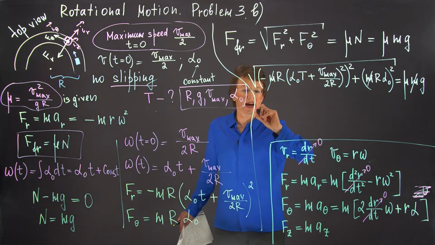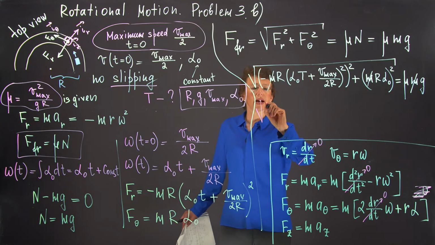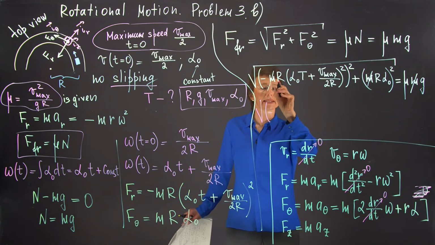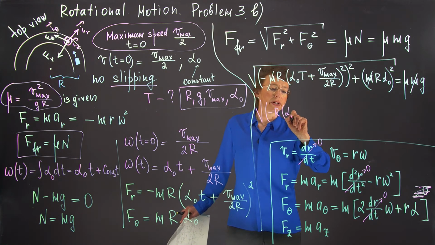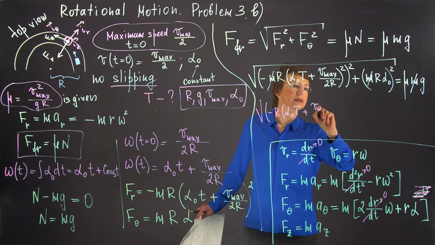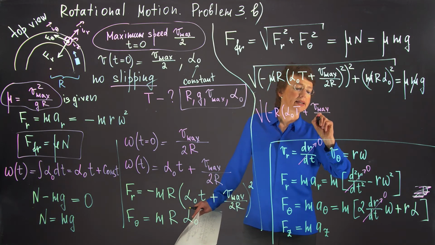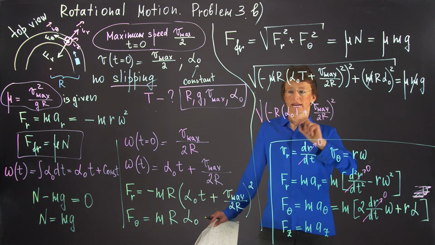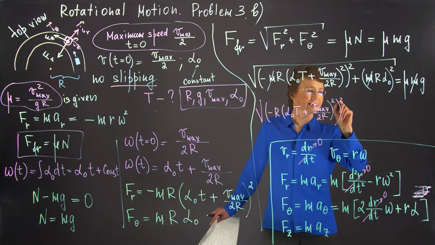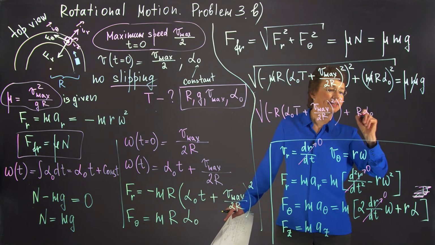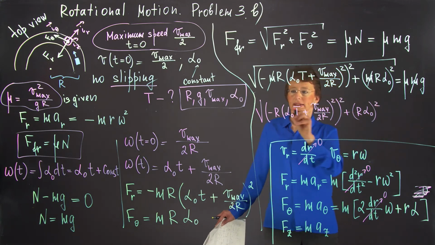So what do we have? Square root. I will keep this minus; all the minus squared will be plus. Minus R, and then alpha naught T capital plus V maximum over 2R, squared. All these guys squared, plus R alpha naught squared, square root.